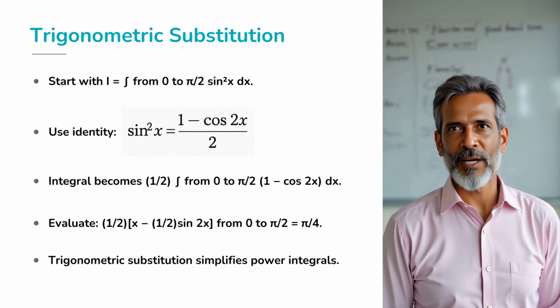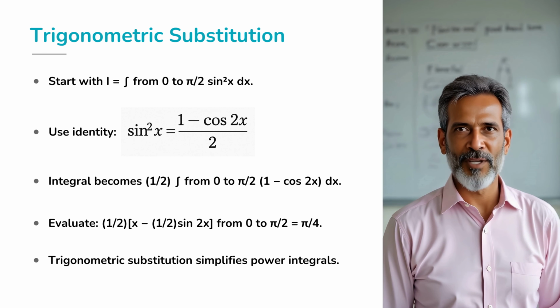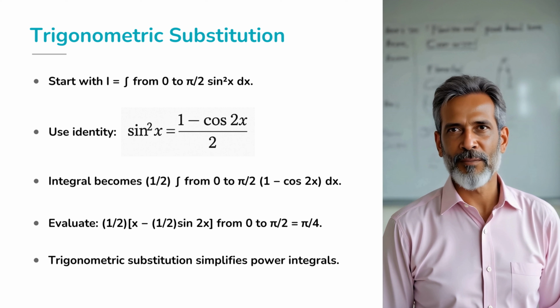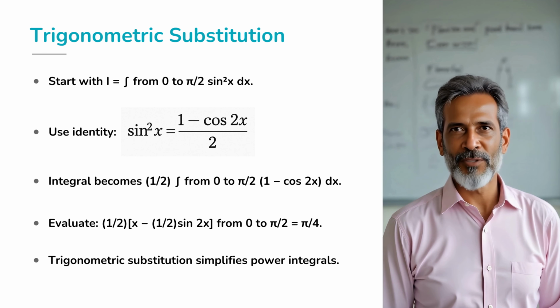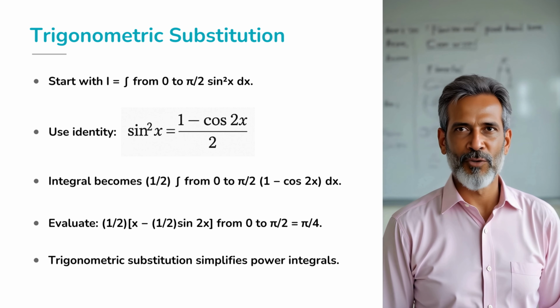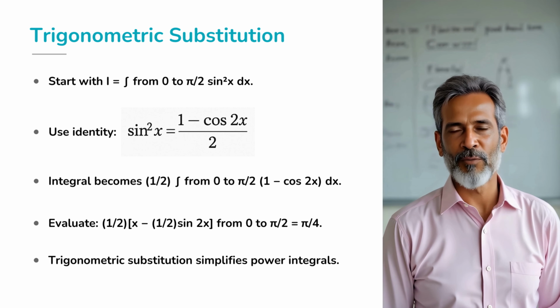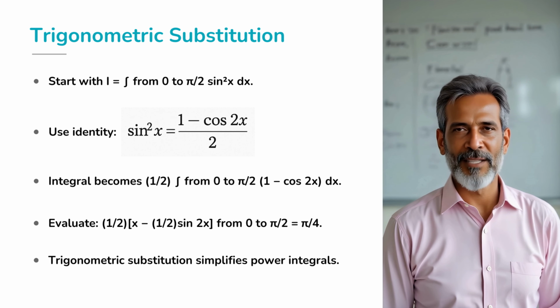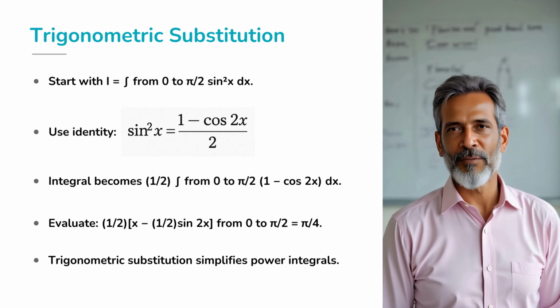That is 1/2 times [x minus 1/2 sin 2x] evaluated from 0 to pi by 2. Step 3. Substitute the limits. At x equals pi by 2, the value is pi by 2 minus 0. At x equals 0, the value is 0. So the answer is pi by 4. This example shows how substitution and identities go hand in hand to simplify trigonometric integrals.